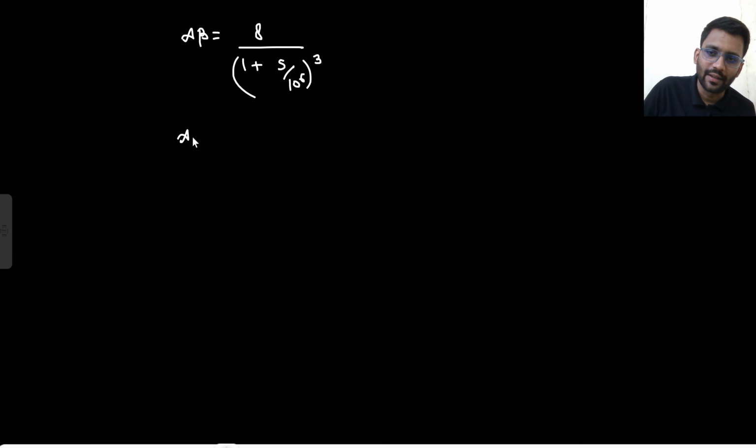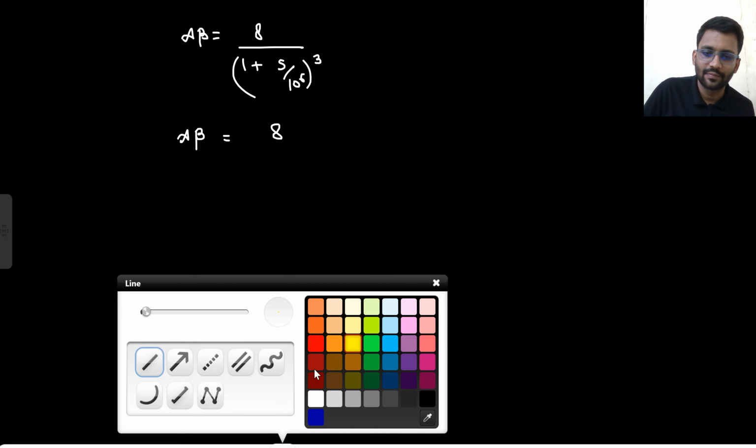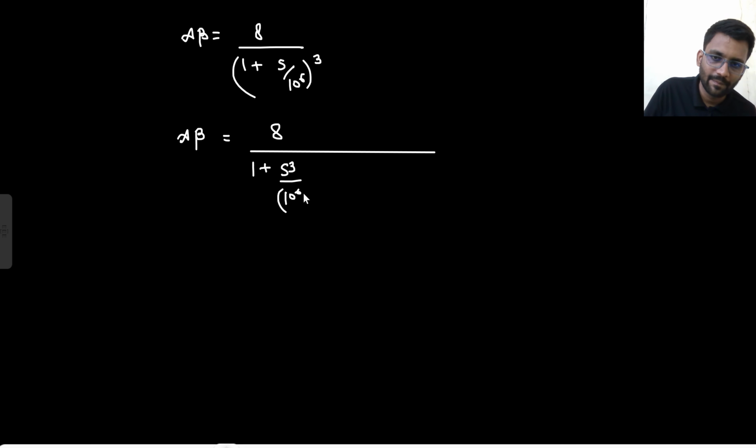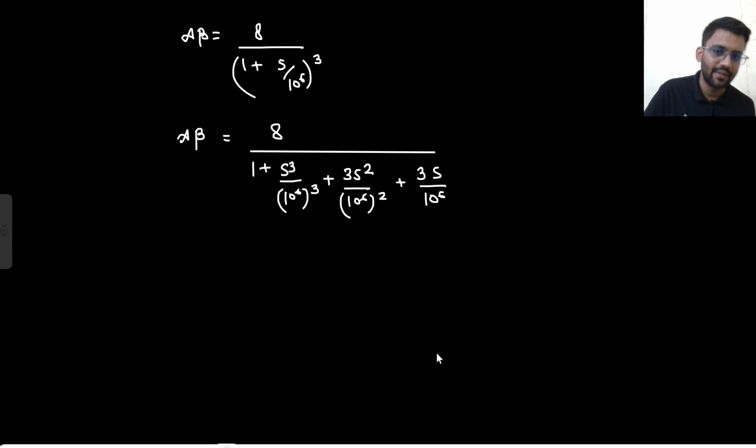Now I can extend it like A beta would be 8 by, this would be A plus B whole cube. So that would be A cube plus B cube plus 3A square B plus 3AB square, right?